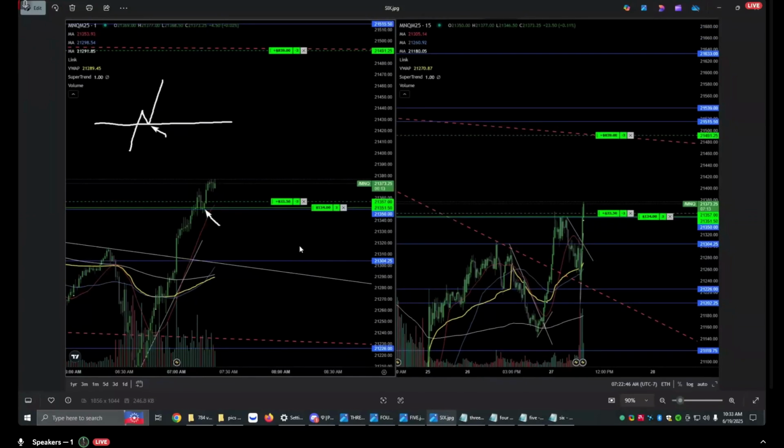This is what finding an entry opportunity in a strong uptrending day looks like. Market was very bullish and it broke through a resistance level that I had marked. It retested and then it continued upwards. I was able to pull the trigger on an entry point and continue riding the move up.